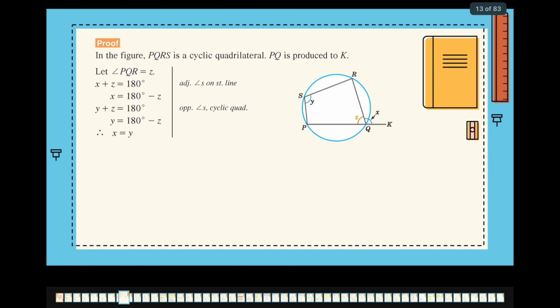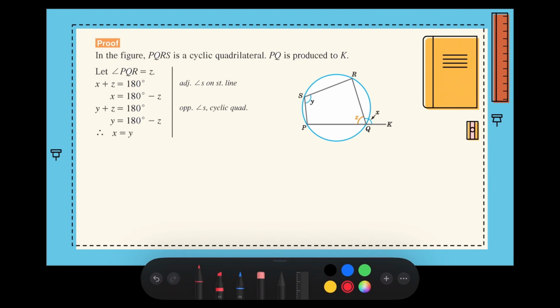In this figure, PQRS is a cyclic quadrilateral. PQ is produced to K, so you get an exterior angle X here. If we name this angle Z, Y and Z add up to 180 because of opposite angles, cyclic quadrilateral.